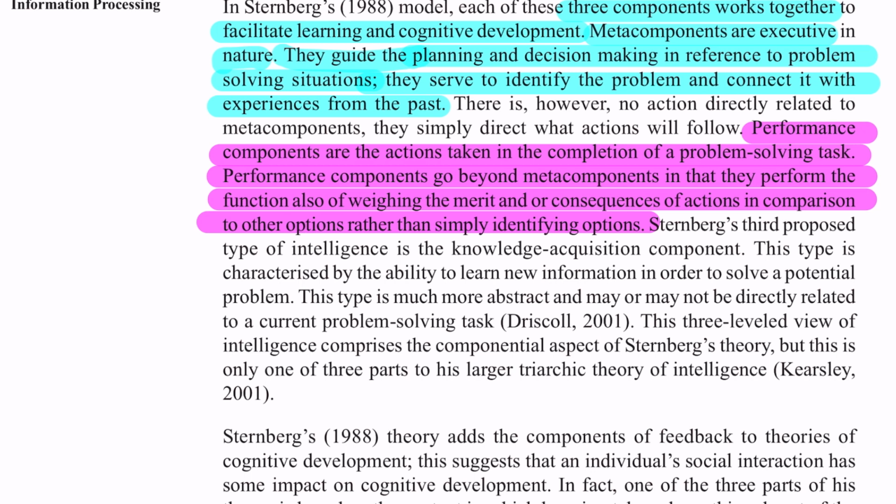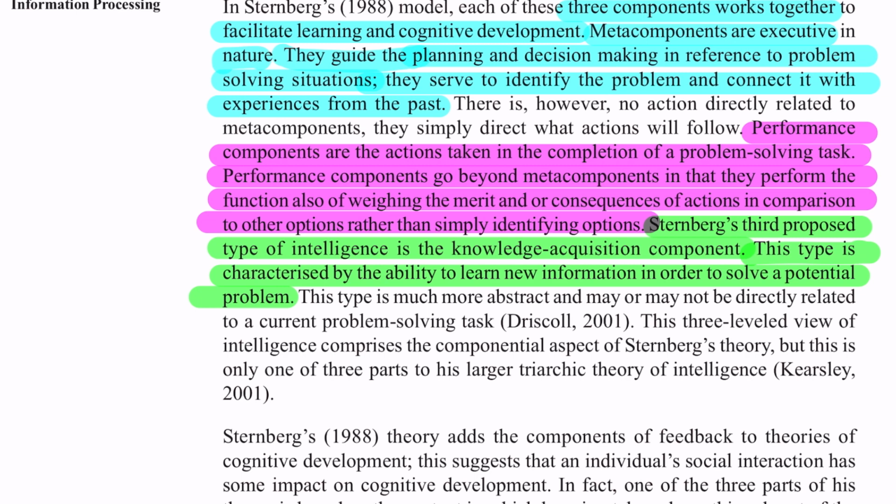Now Sternberg's third component proposed that intelligence is the knowledge acquisition component. This type is characterized by the ability to learn new information in order to solve potential problems. So one is whatever you have, you are manipulating that, that is metacognition, and on that basis you are taking an action.